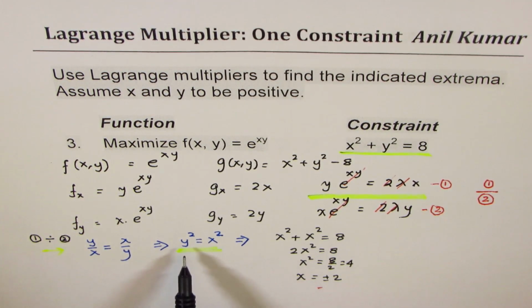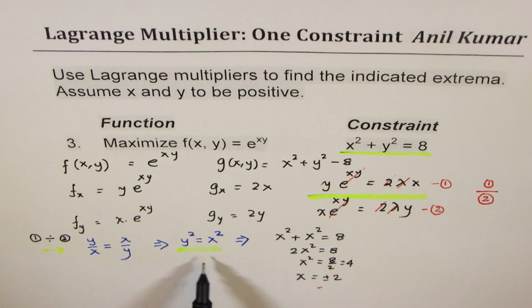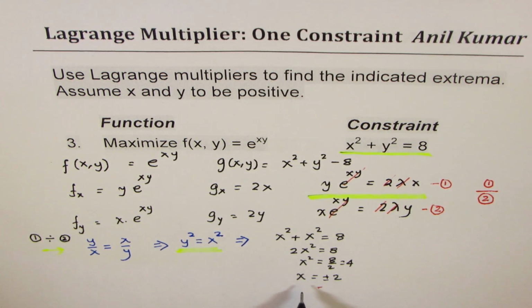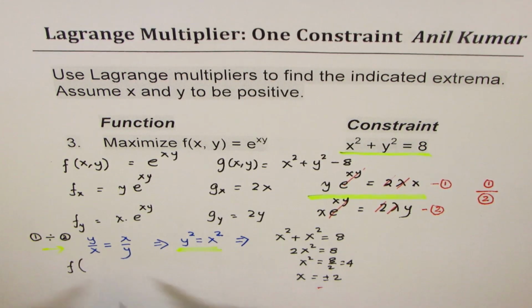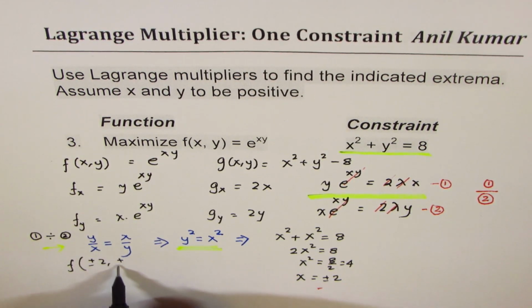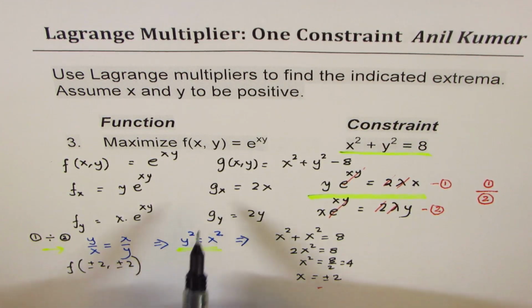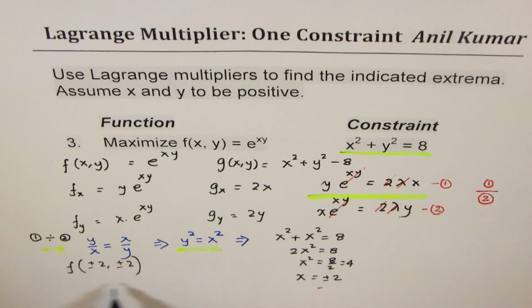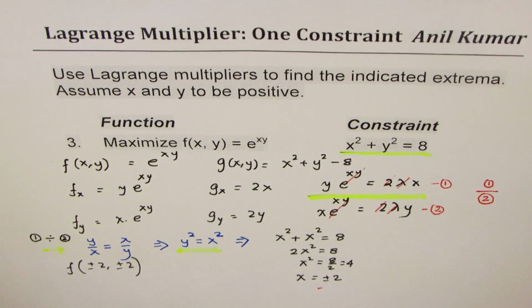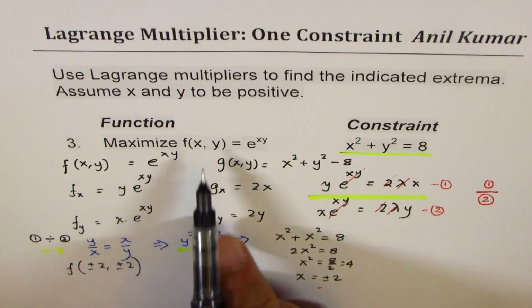Now since y squared equals x squared, for these two different values we can get the value of y also. So basically we got a couple of values here, plus minus 2 and plus minus 2. Both x and y values are combinations of these. Now we need to maximize the function.